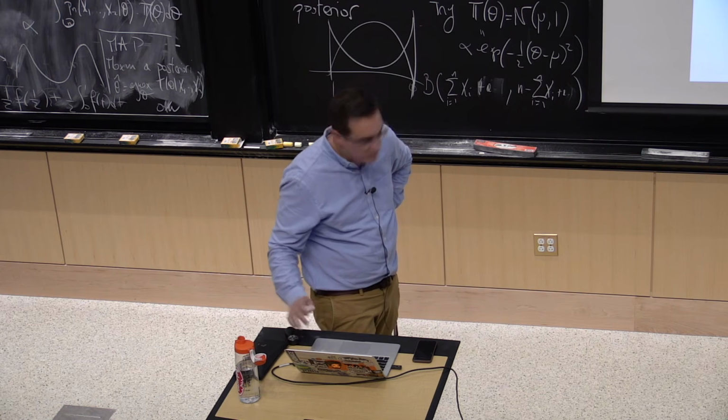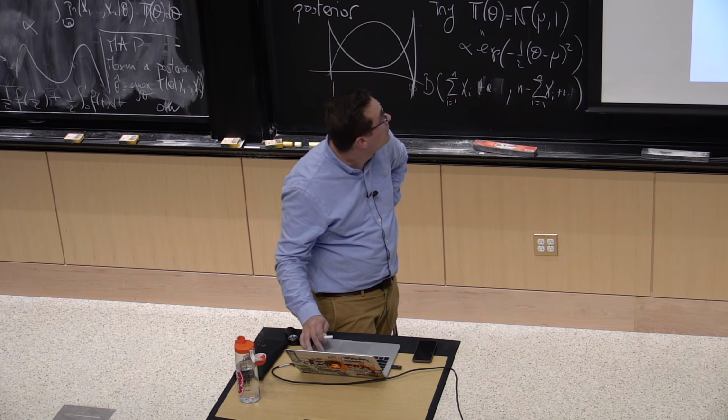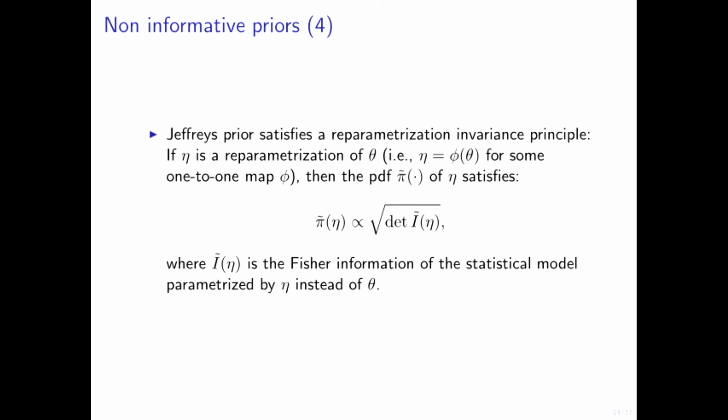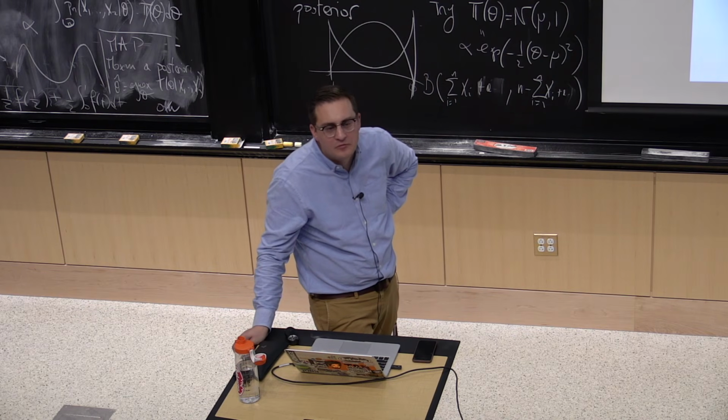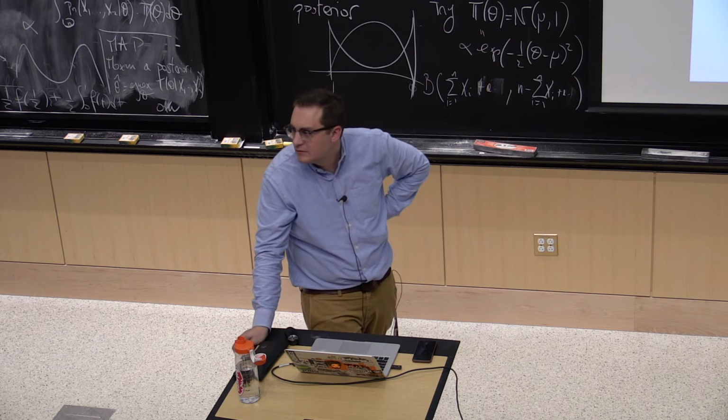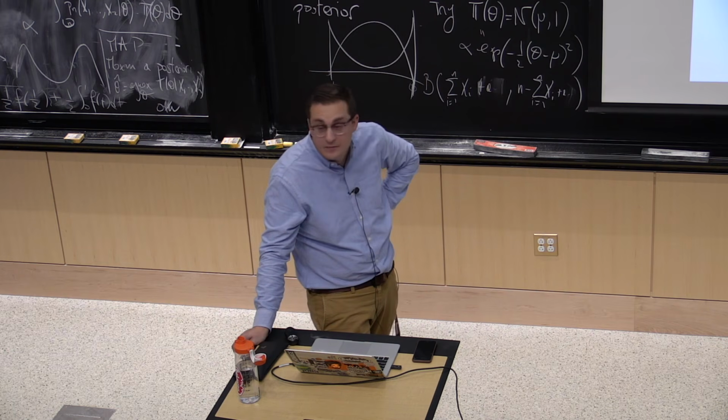So Jeffreys priors have this very nice property that they actually do not care about the parameterization of your space. OK, so if you have p, and you suddenly decide that p is not the right parameter for the Bernoulli, but it's p squared, you could decide to parameterize by p squared.